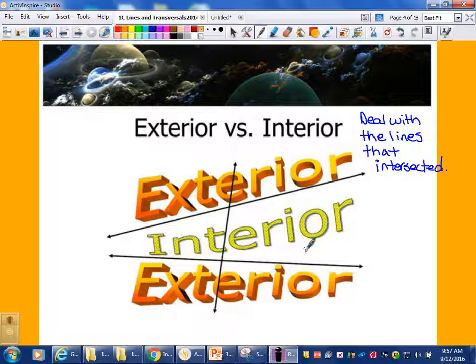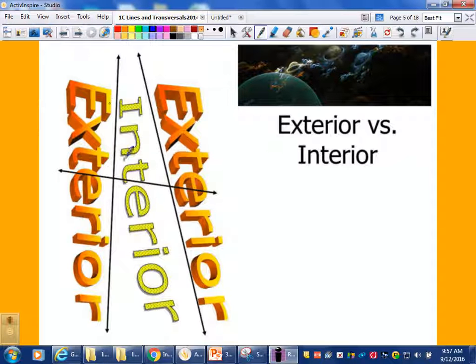Exterior would be outside of the lines being intersected, and interior would be inside. Here's another viewpoint. Again, exterior is outside of the two lines being intersected, interior inside.